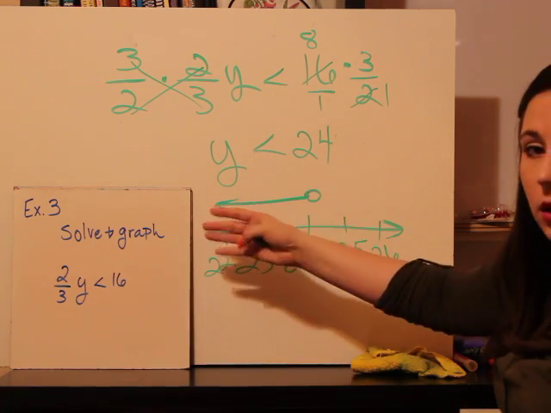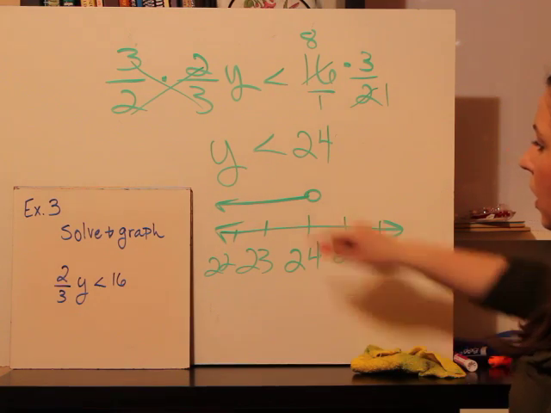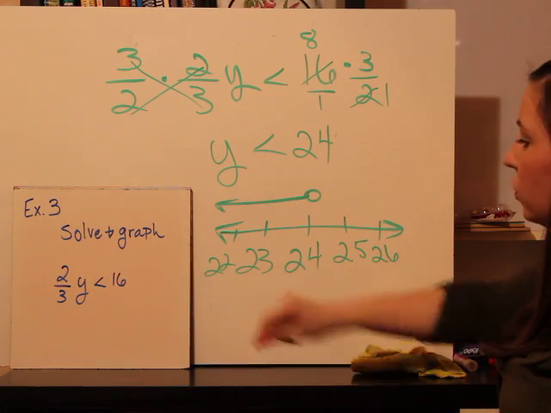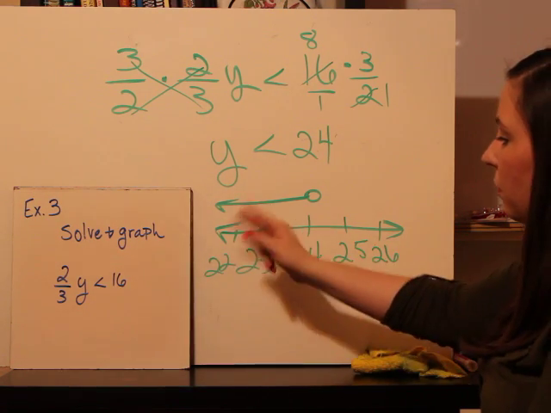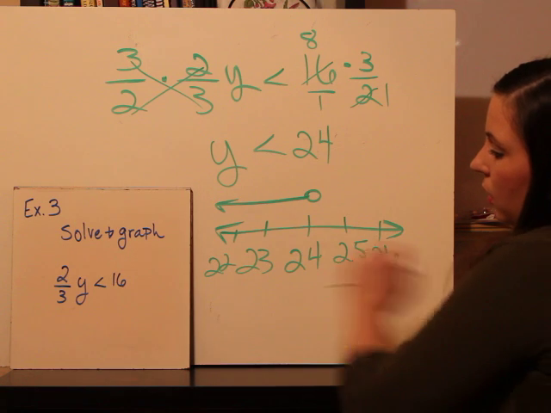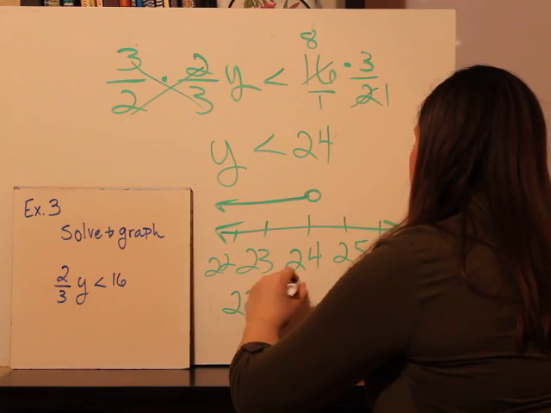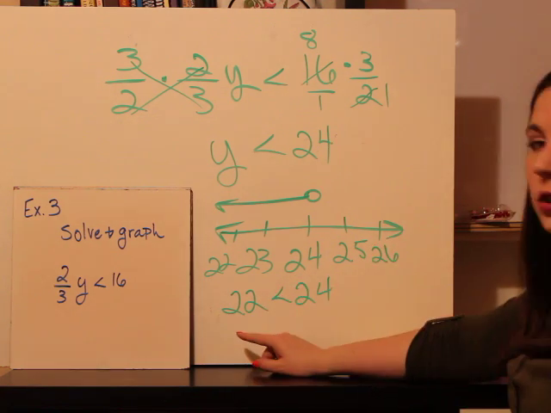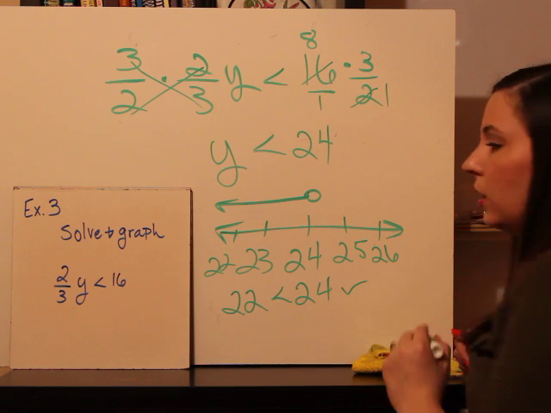If you've shaded it, you want to make sure you've done it correctly. Take your inequality and plug in something from the direction that you shaded. Here, I shaded to the left of 24, so I'm going to take a number from this side and plug it in. I'll choose 22. So 22, is that less than 24? Yes. So I know I shaded correctly.